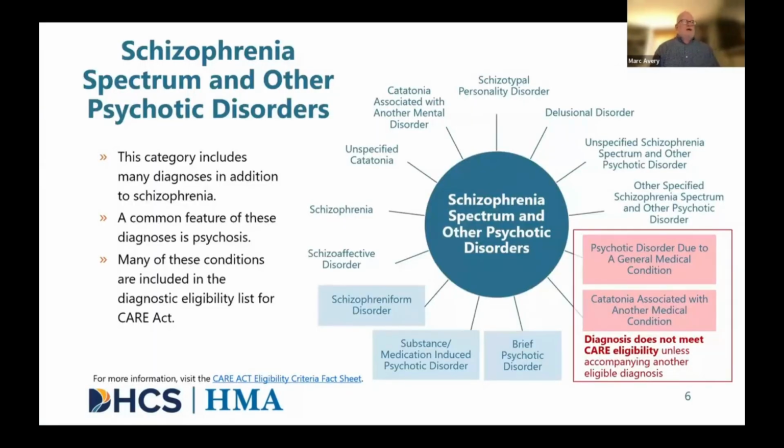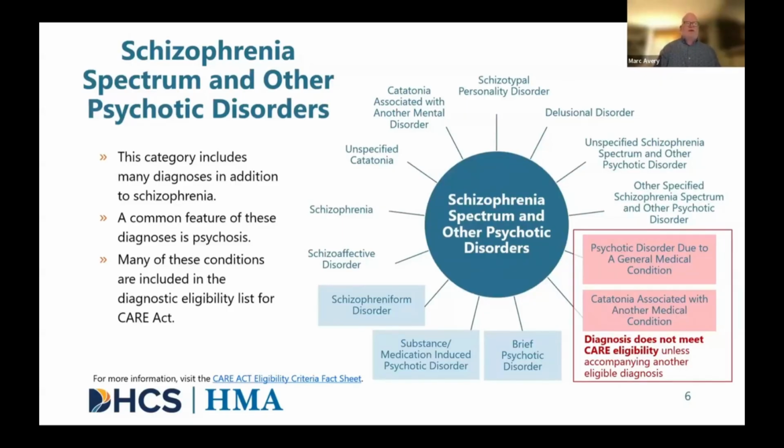This slide depicts all of the DSM-5 conditions that are listed in the schizophrenia spectrum and other psychotic disorders chapter. All of the CARE Act eligible diagnoses are contained in this chapter. The content of this presentation applies specifically to schizophrenia itself. This is because schizophrenia is amongst the most common of the conditions in the DSM-5 chapter.